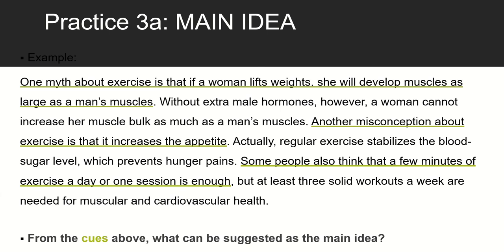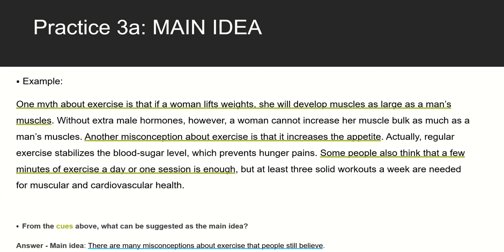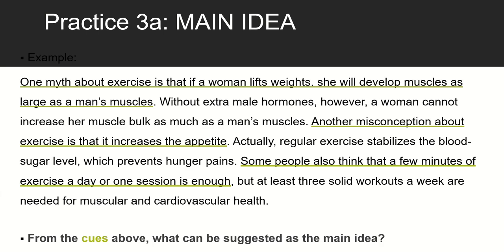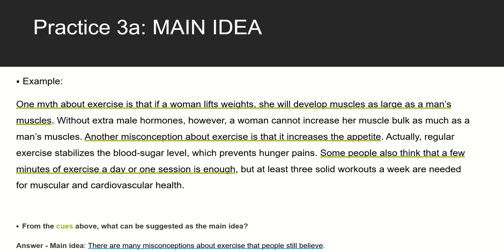Now, the last one, if I'm not mistaken. We are talking about the main idea. The main idea is that there are many misconceptions about exercise that people still believe.